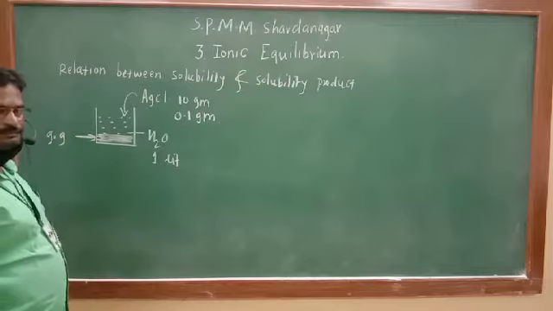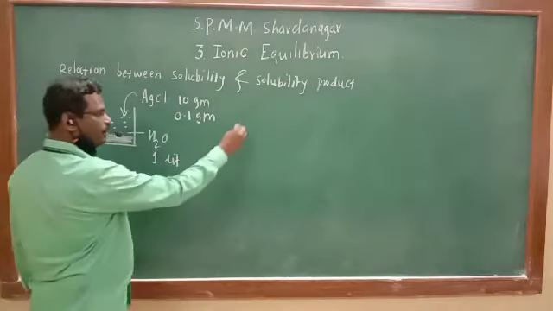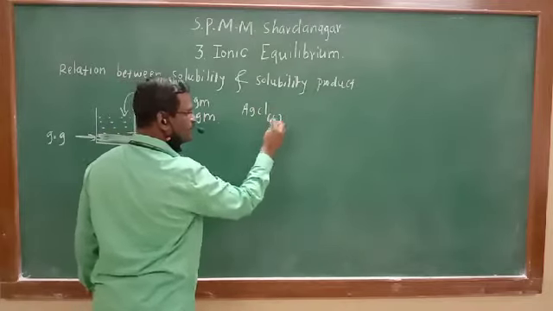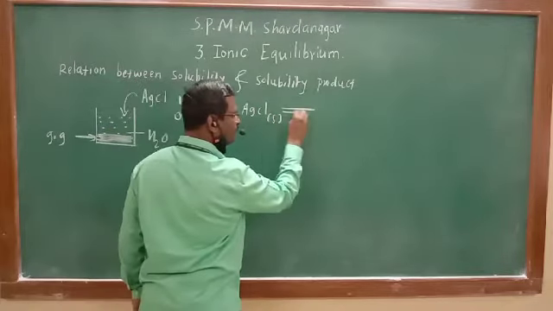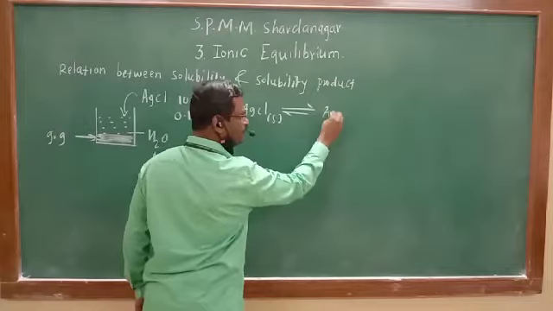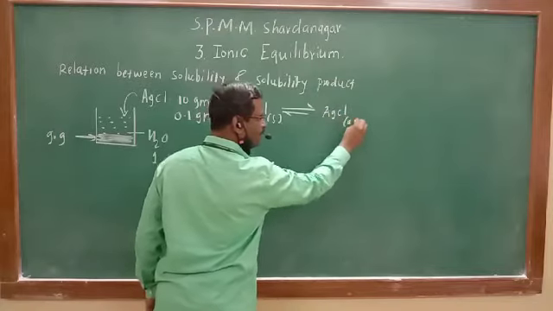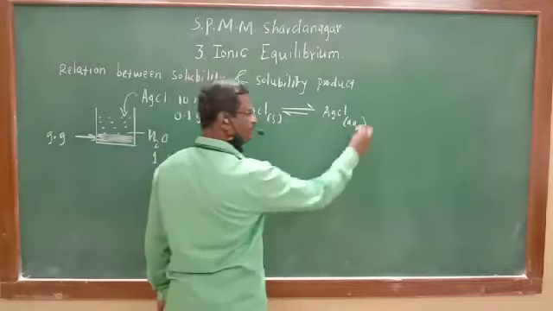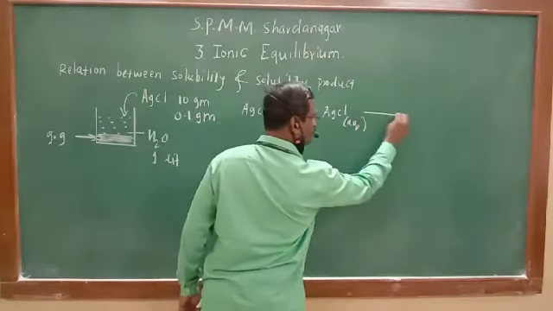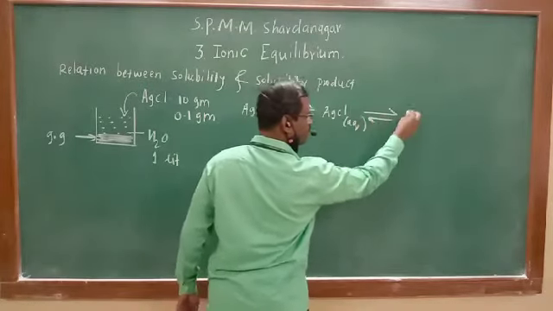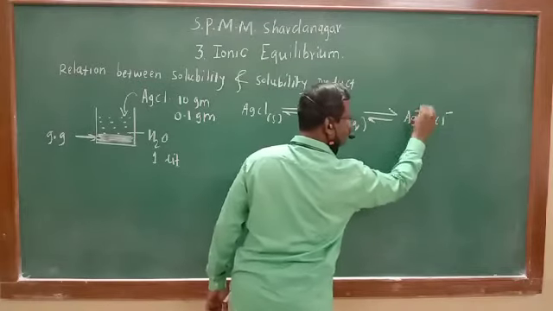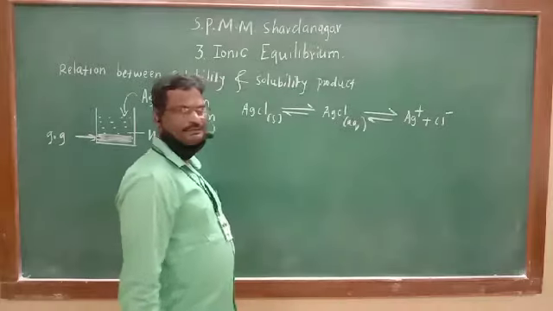Now see here, the important part. We have taken AgCl, silver chloride, in a solid state. Some part of it, a very little part, undergoes dissolution in the aqueous state, that goes into the liquid state, and that part entering the liquid state undergoes ionization producing Ag plus and Cl minus ions.